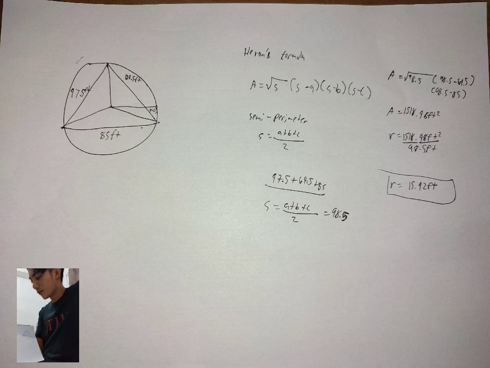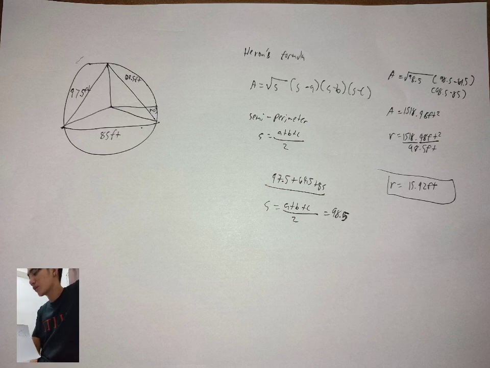So A equals the square root of 98.5 multiplied by (98.5 minus 47.5) multiplied by (98.5 minus 85) multiplied by (98.5 minus 61.5).